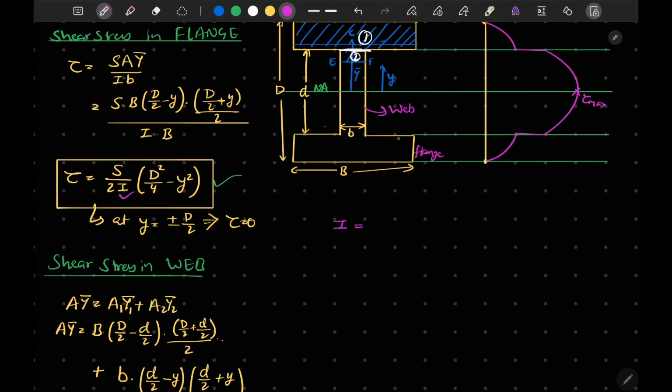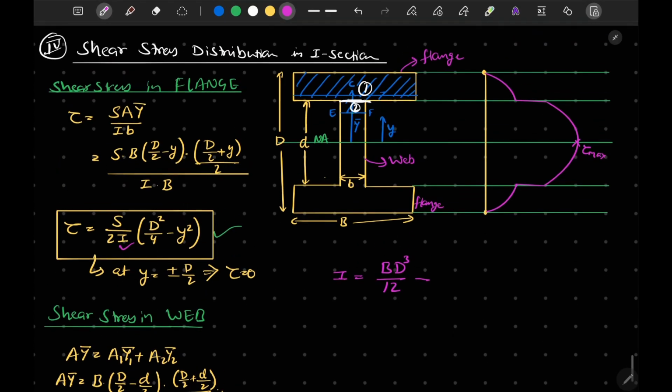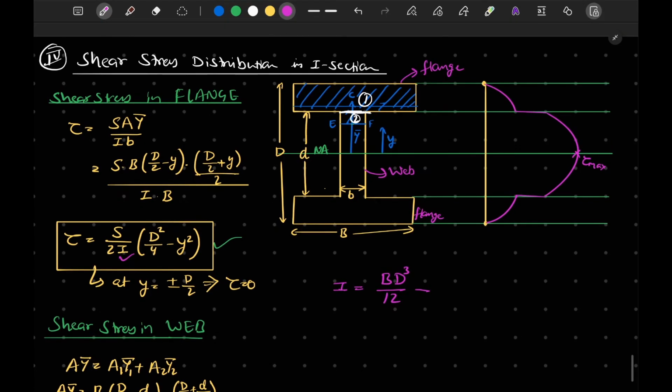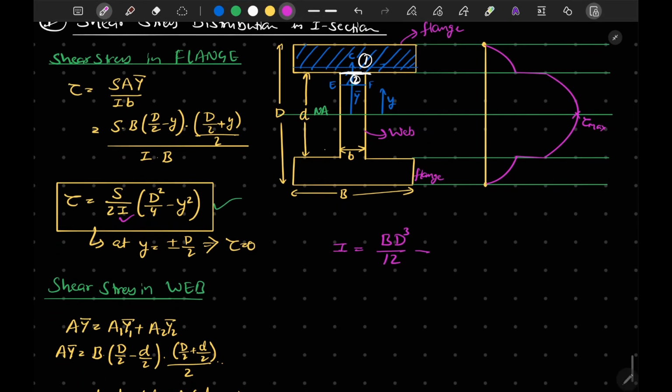The moment of inertia of your bigger rectangle is B D cubed by 12, minus that of the two smaller ones. For the two smaller ones, I can write in terms of one bigger one, as I can combine the two smaller ones, as both are parallel.